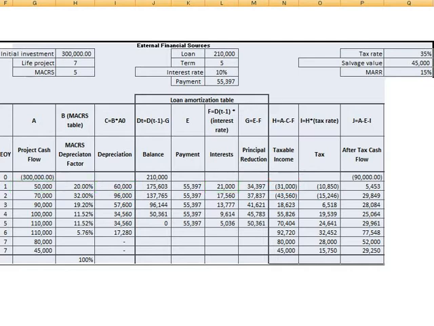For an example of the case when the taxable income is a positive number, we can look at year 3 with a project cash of 90,000, depreciation of 57,600, and interest of 13,777, with a taxable income now in the positive numbers of 18,623.